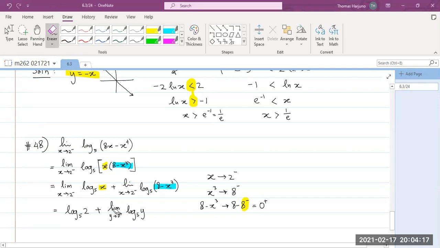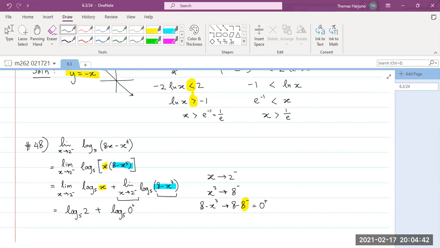You can just leave it like that. But how do you express this when x is going to 2 from the left-hand side? Will you allow me to say that this is actually log base 5 of 0 positive? Because that's basically what happened.